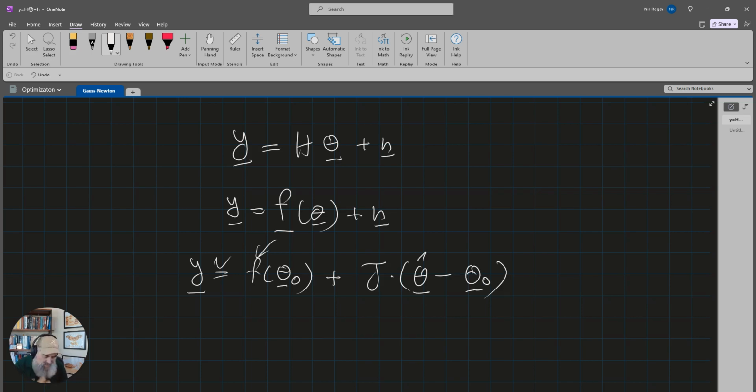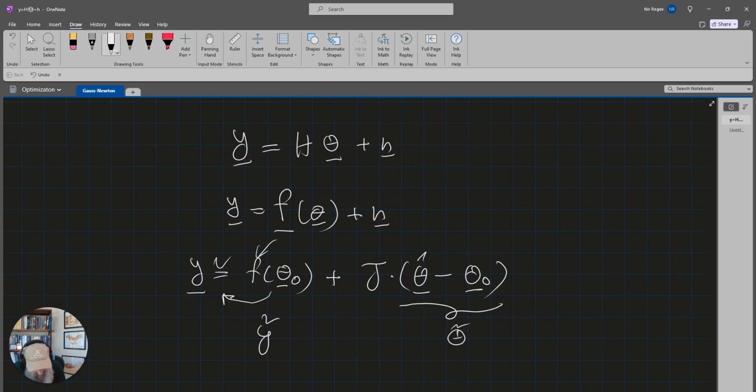Everything here is vectors. So this I can call theta tilde, and this I can move to the left hand side and call it y minus f of theta 0. I can call it y tilde.